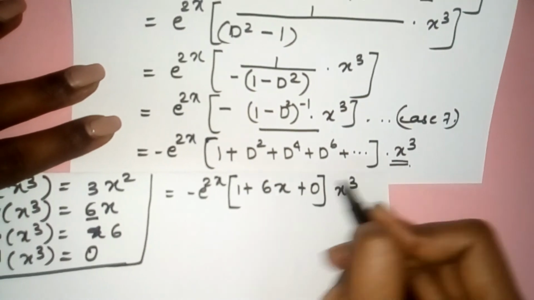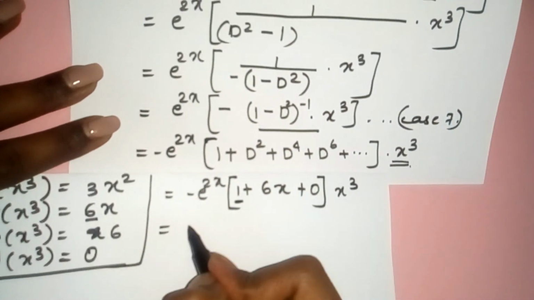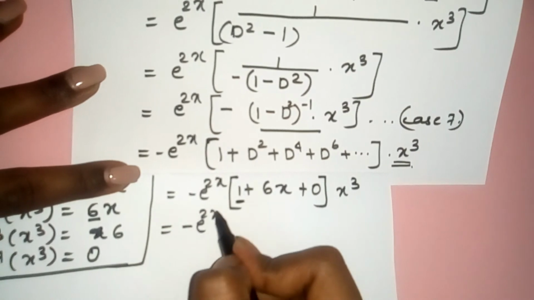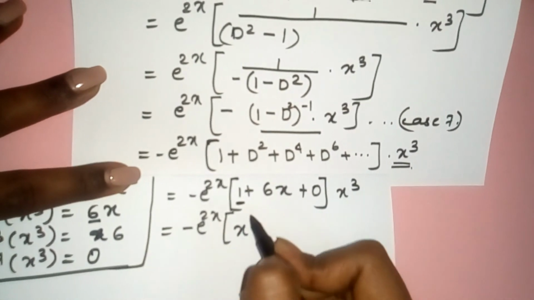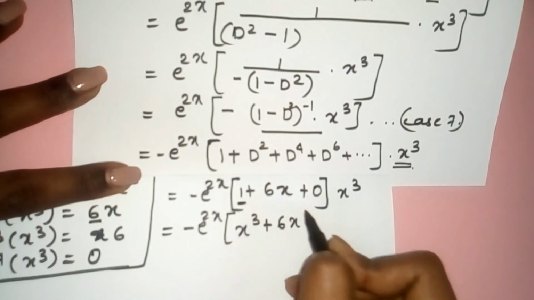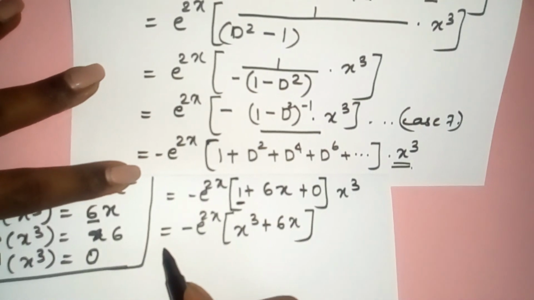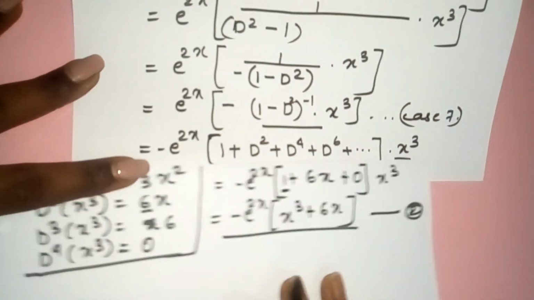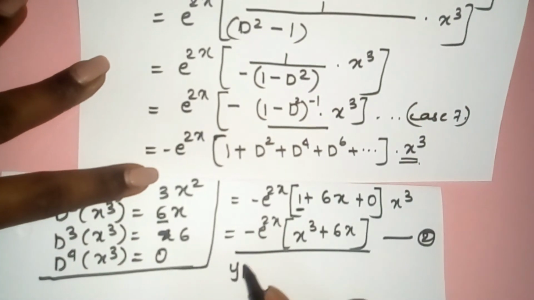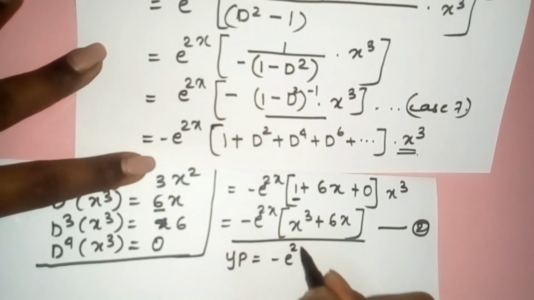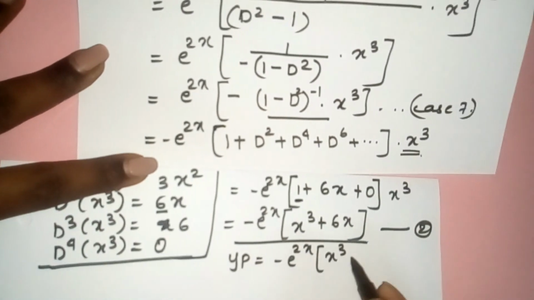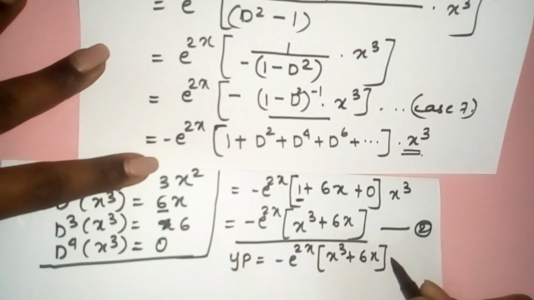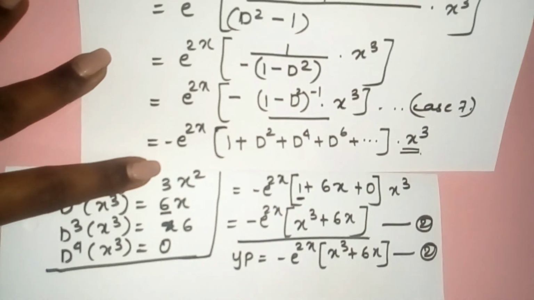Now this x cube will be multiplied by 1, so it is equal to minus e raised to 2x into x cube plus 6x. So now this is our yp. So yp is equal to minus e raised to 2x into x cube plus 6x. This is equation 2 and that is the yp.